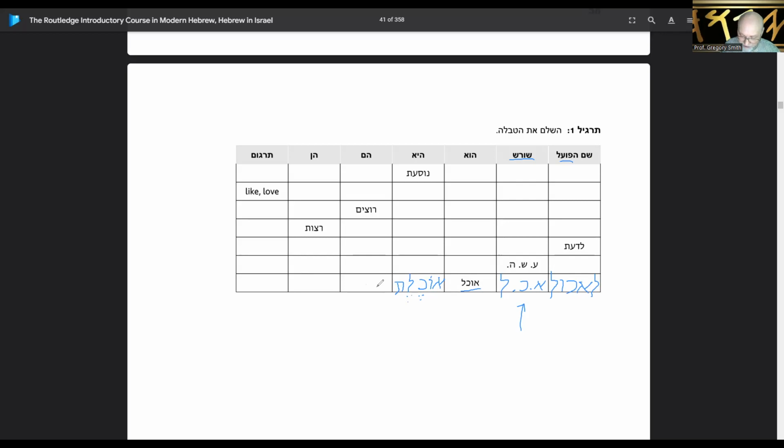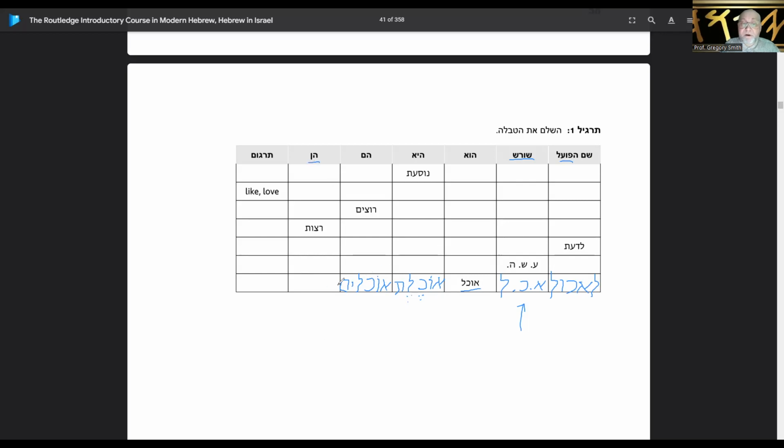All right, how about they are eating? Ochlim. Okay, ochlim. So they are eating, masculine or mixed plural.